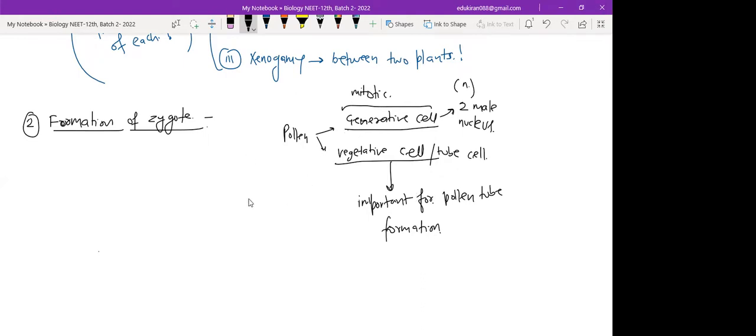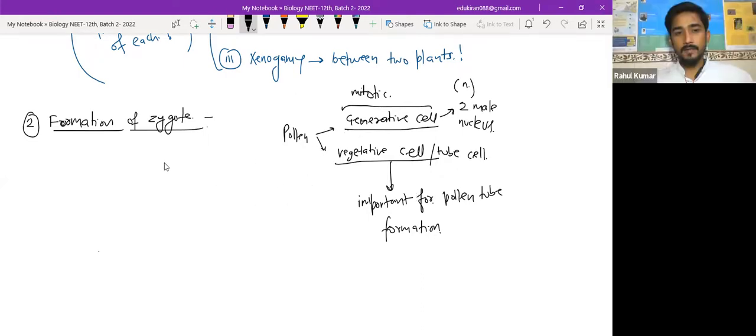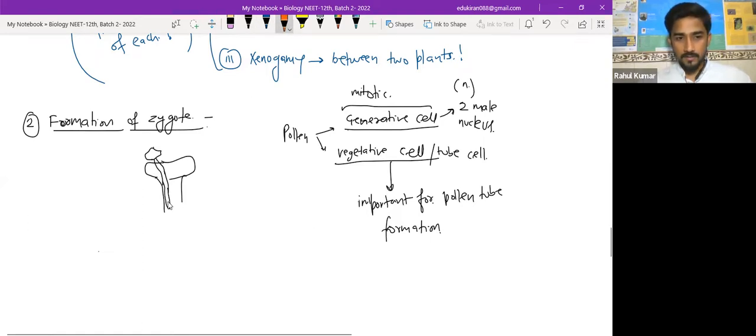So the diagram will be like, if this is a stigma, and let's say this is a pollen grain. From this pollen grain, this tube is formed. This is a pollen tube which is forming. So in this, there will be one vegetative nucleus, and behind it there will be two male nucleus following.